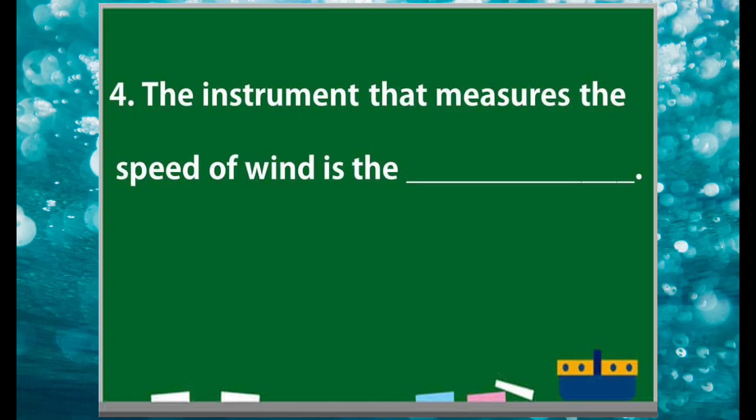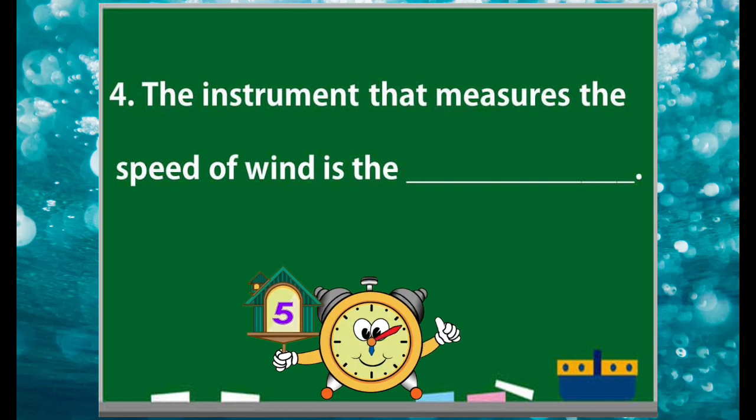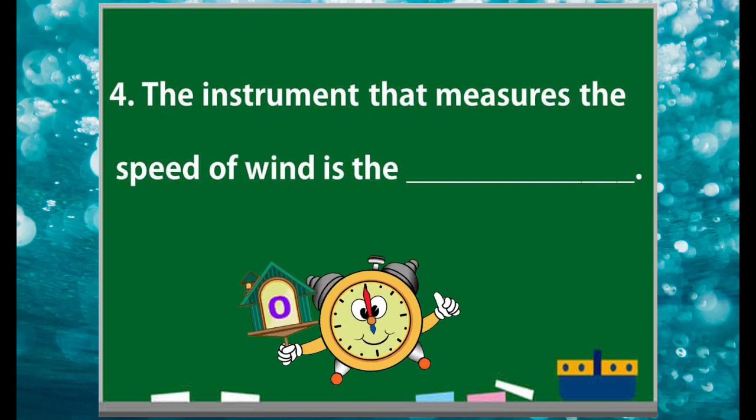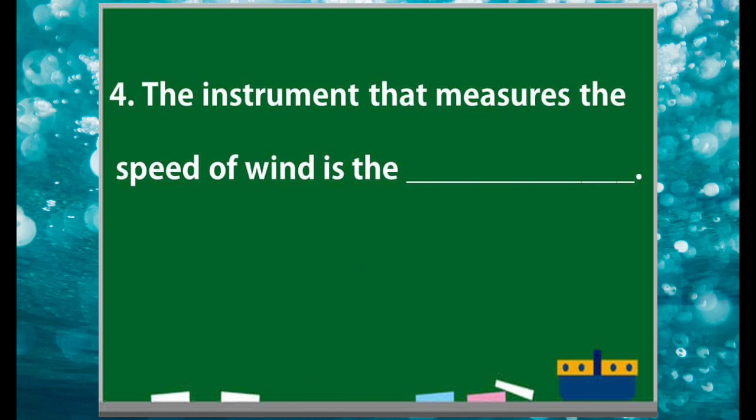Number 4. The instrument that measures the speed of wind is the blank. Timer starts now. Time is up! What is your answer? The correct answer is anemometer. Awesome!